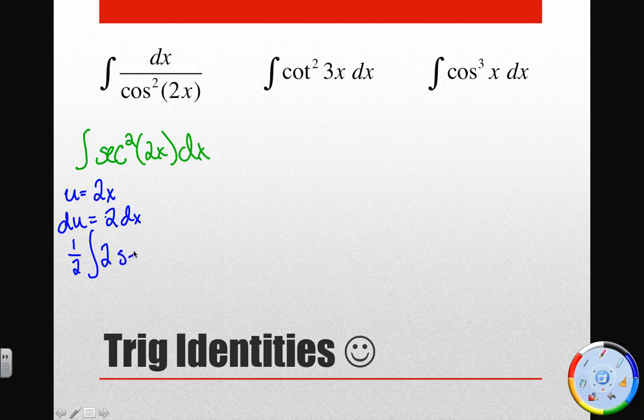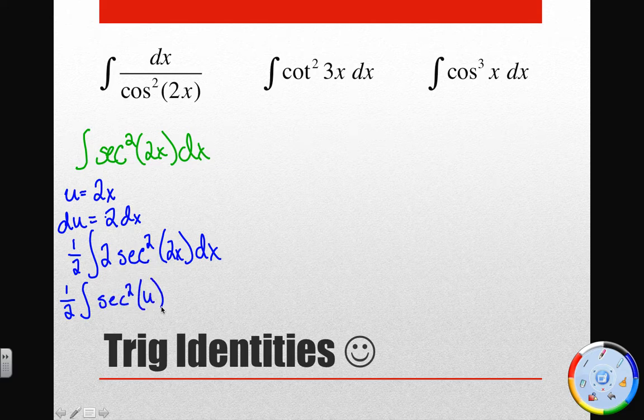So I have 2 secant squared of 2x dx. And now I can substitute 1/2 with the integral of secant squared u du, because 2 dx was my du.